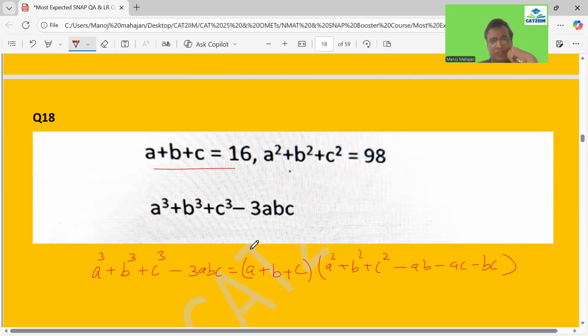This sum is already given to you directly, that is 16. This is also given to you directly, that is 98. We just need to figure out this value now.